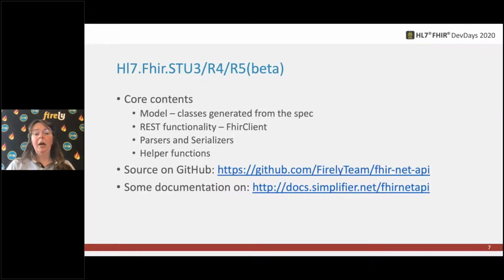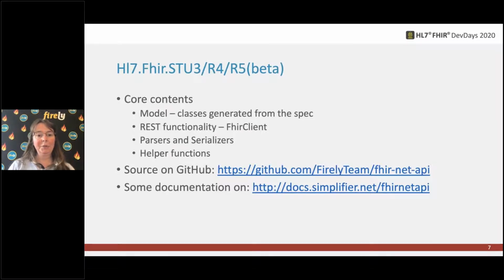You could also download a different package for validation, the specification package, and there's a lot of things about validating your work in code if you want to. All of that can be found on GitHub, so you can take a look at that source. We also have some documentation on our docs website.